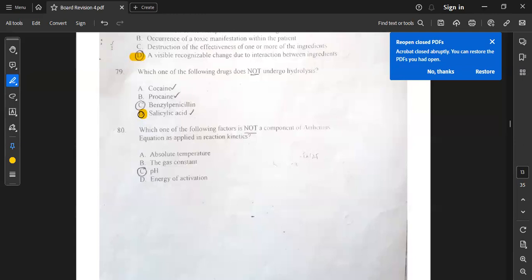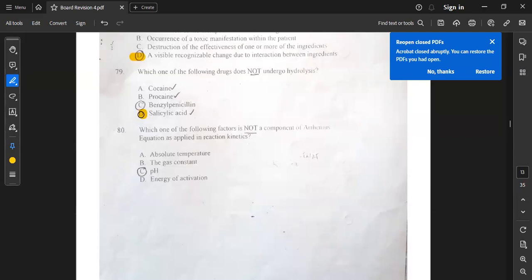Just to add on that, for inhalational agents, the higher the minimum alveolar concentration, the lower the potency. And if the blood gas partition coefficient is high, that determines the onset of action. If it's high, it will have a slow onset of action because it will be more dissolved in the blood instead of in the gas.